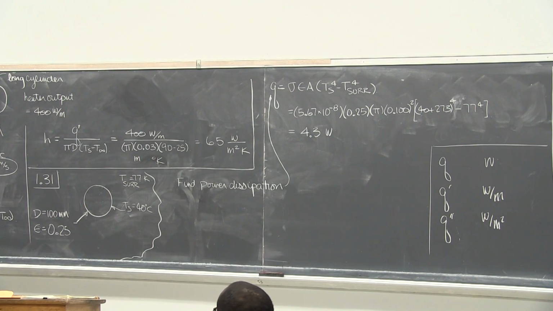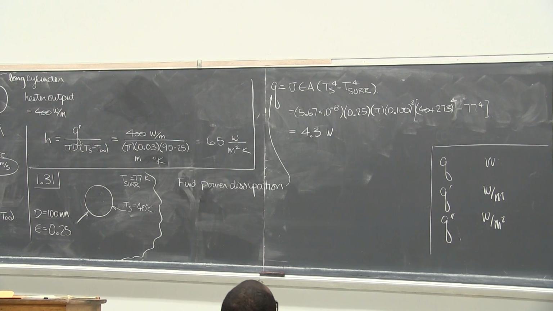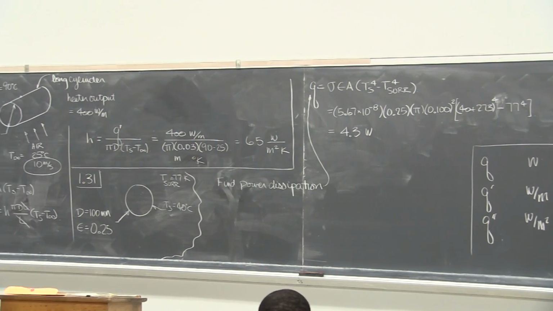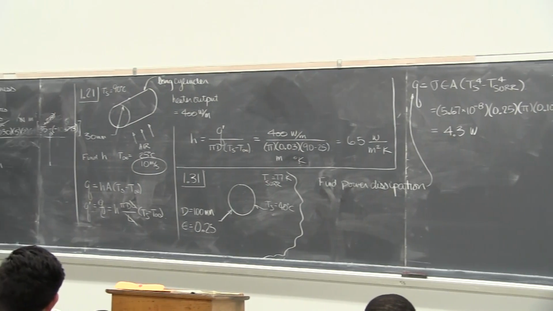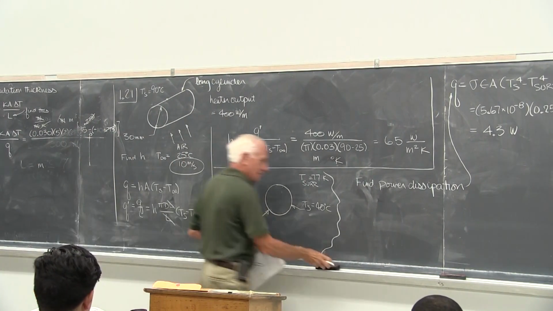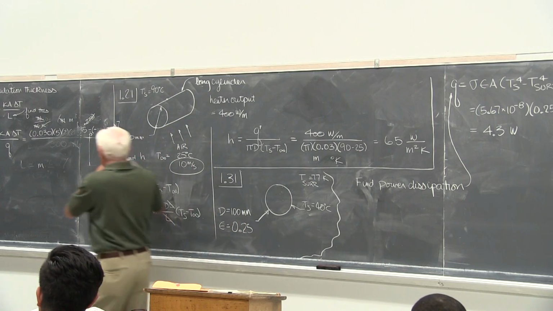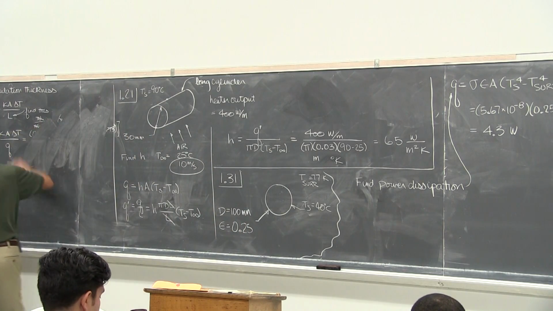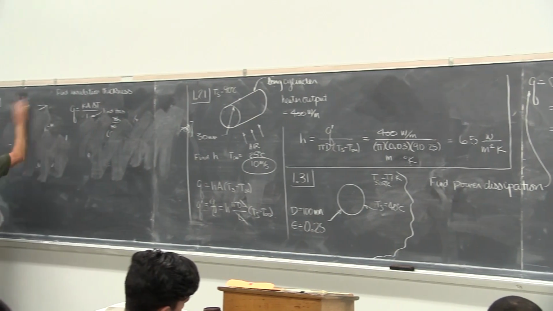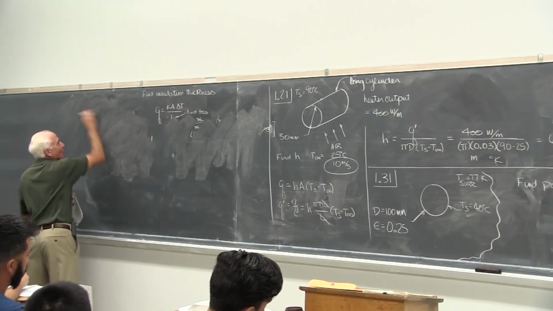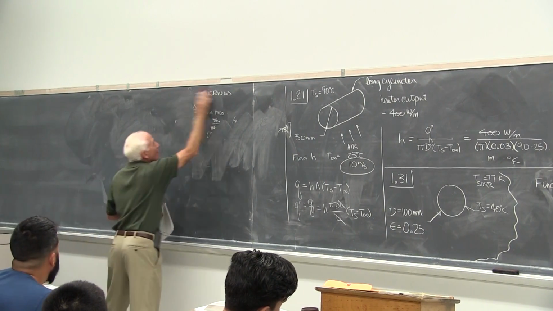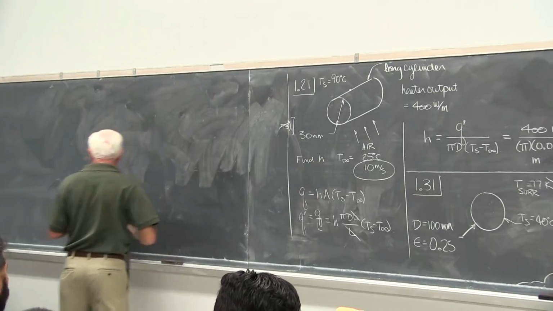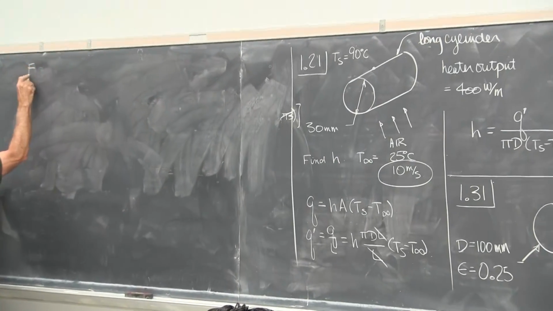Okay, this problem was in the previous edition of the textbook, but I like it, so I want to use this problem and show you what it's trying to show us here. Okay, this is an example problem.